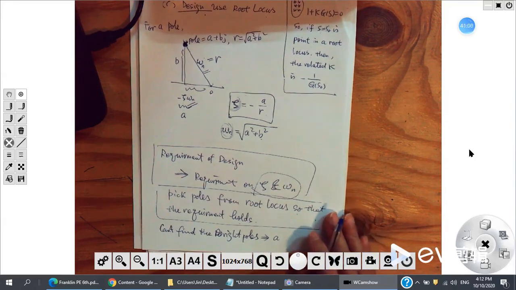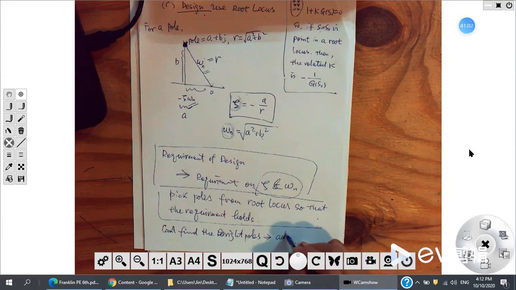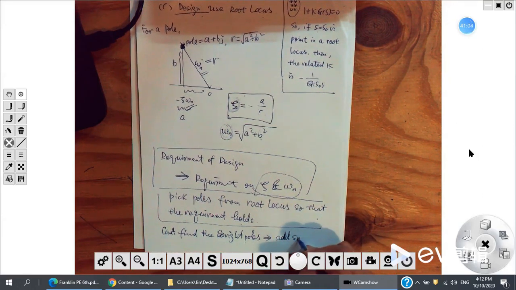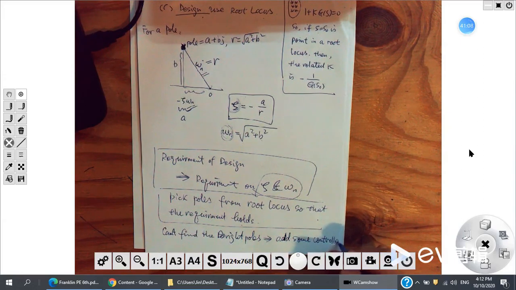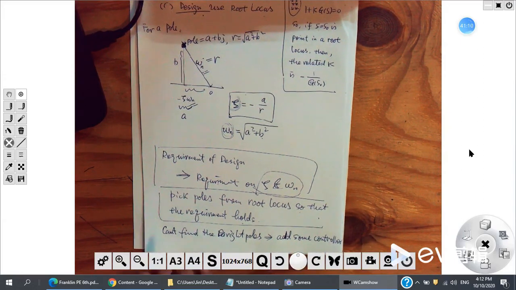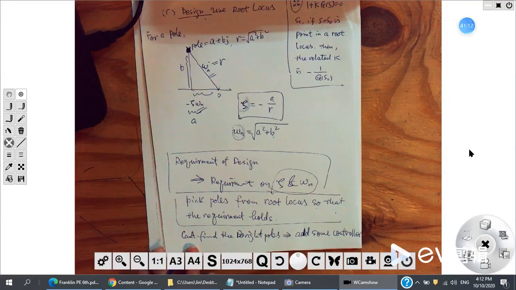How to change? You need to add some controller. As we did in the homework problems and the examples, you can use lead compensation, lag compensation.